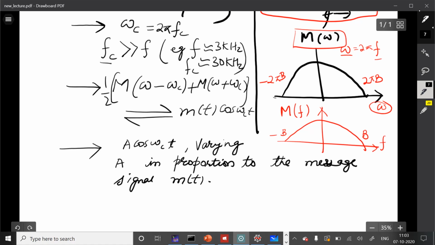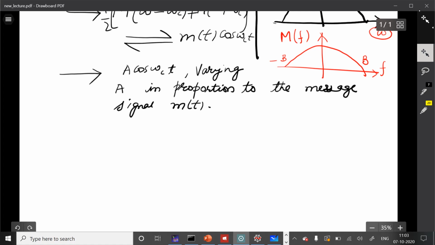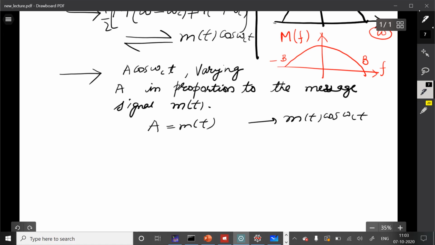Fine. What does it mean? So it means that if you put this A is equal to m of t, right, so the corresponding signal will be m of t cos omega ct, right? And I am repeating it again and again so that it's clear to you.